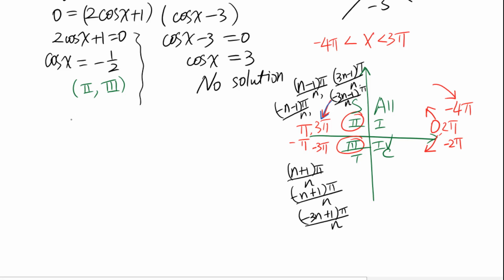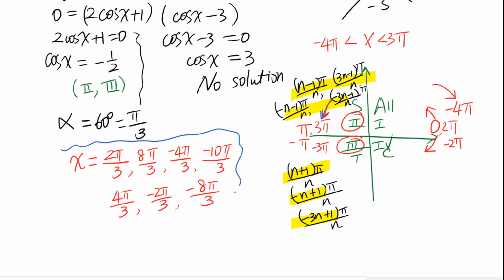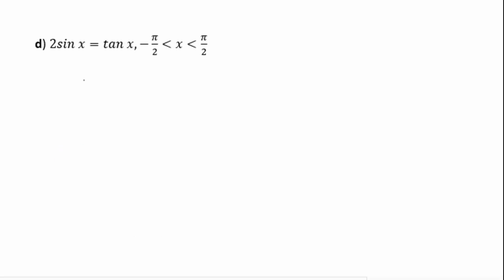The reference angle equals 60 degrees. That is pi over 3. Therefore, n equals 3. So we use this pattern, write down solutions, altogether 7 solutions. This will be the solutions to this equation.